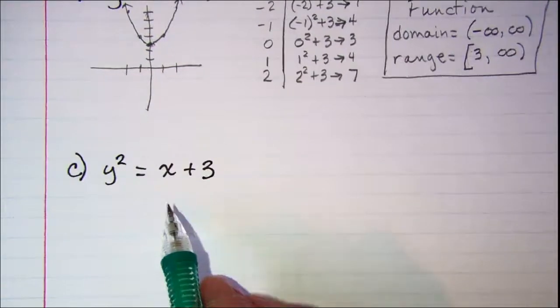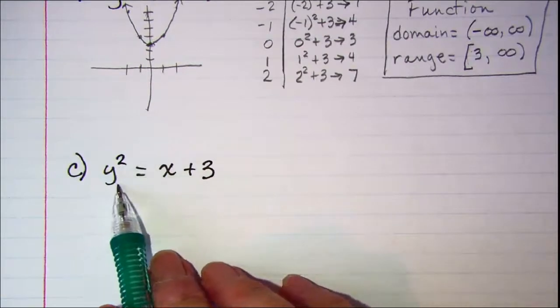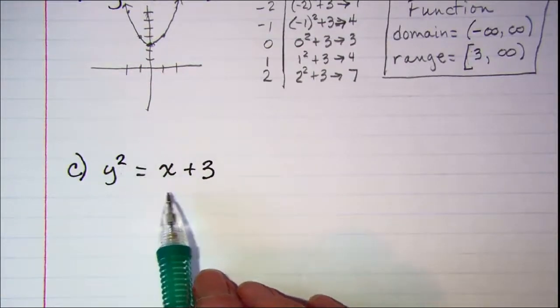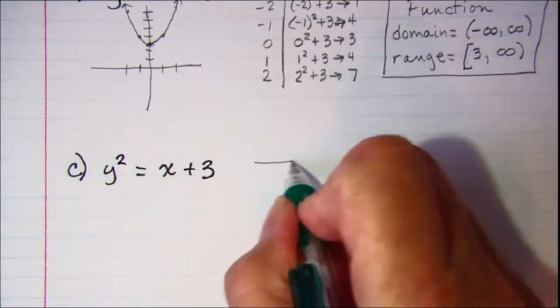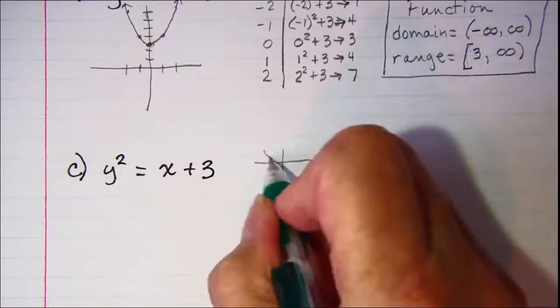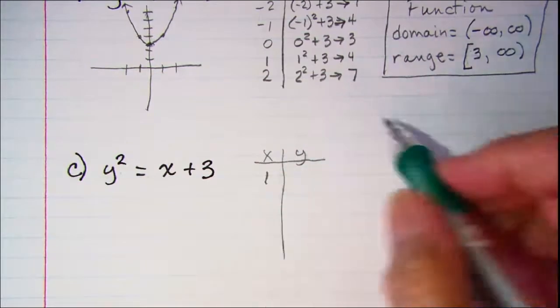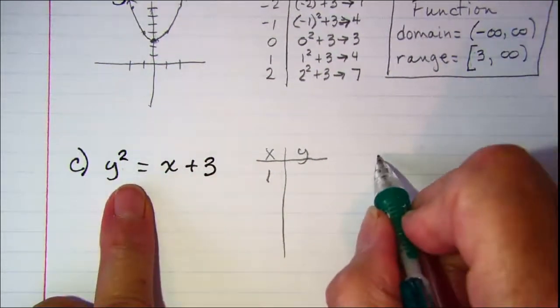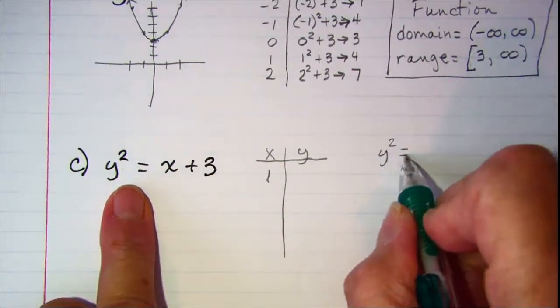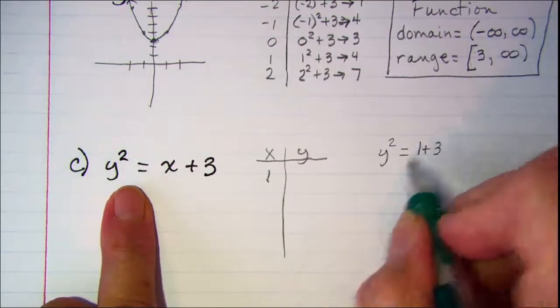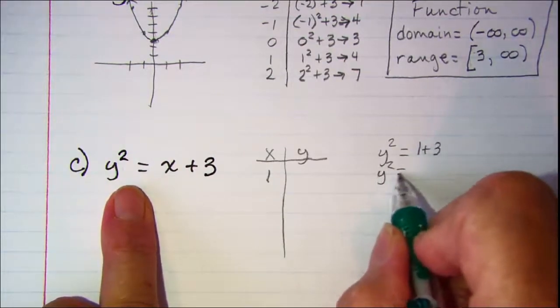Now this one is a little bit different. We don't have y equals, so let's sub in numbers for x. If x is 1, we have y squared equals 1 plus 3. Y squared equals 4.